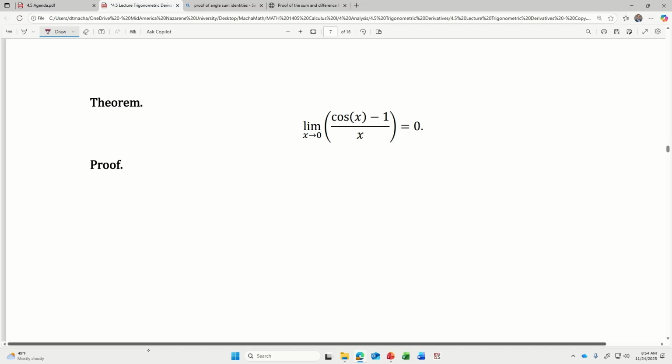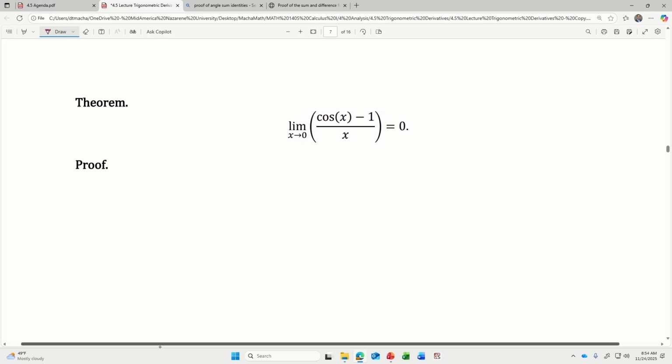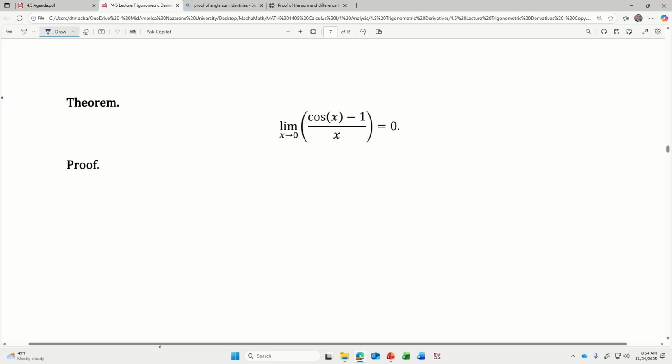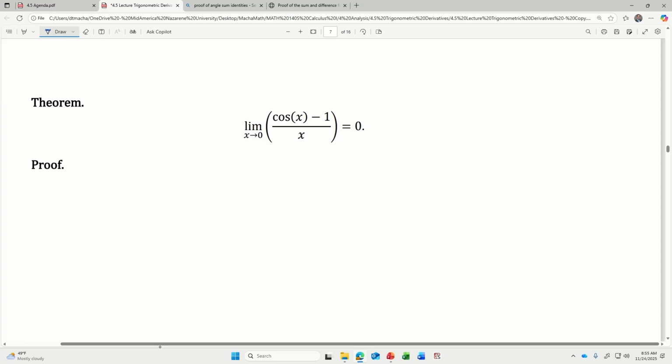Here's another important limit that we're going to need. And for this limit, we're going to have to use one of our trig identities that we discussed earlier. What I'm thinking about specifically is the double angle identity for cosine. And actually, there were 3 different double angle identities for cosine.